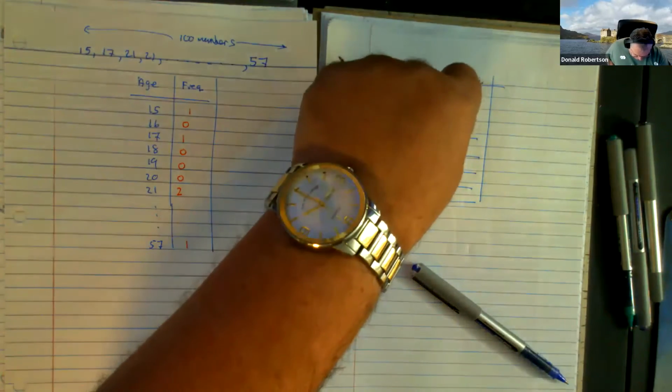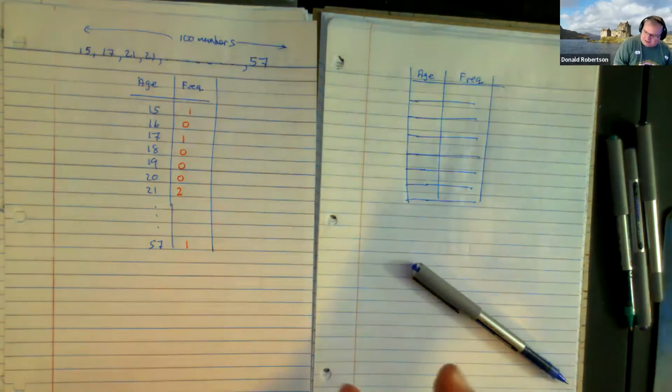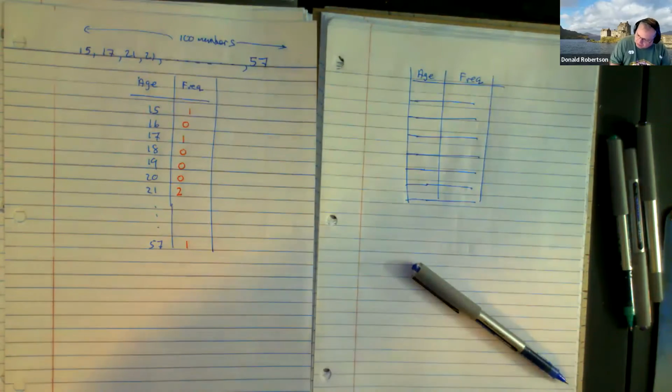Now, there are rules about the intervals. They have to be the same size. You can't have 10 to 15 and then 16 to 40, making them all different sizes. They should all be equal widths.